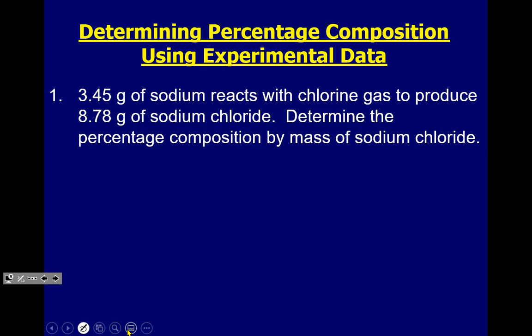And we, in the end, could measure that and determine its mass. So we have the mass of the sodium, and then we have the mass of the compound that's formed, that contains the sodium and the chlorine, all right?